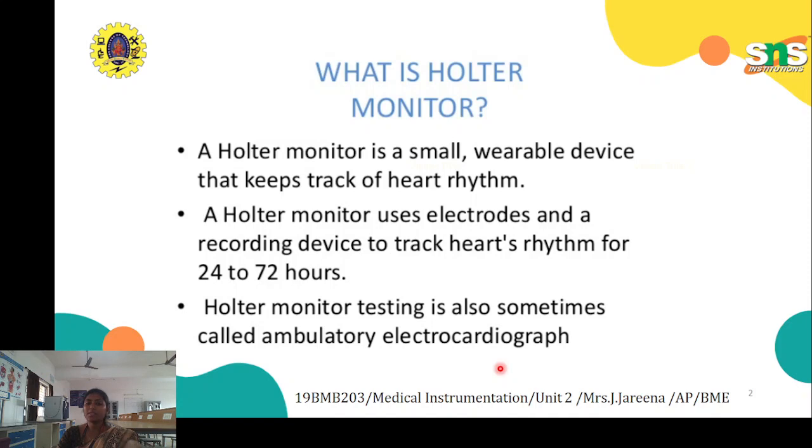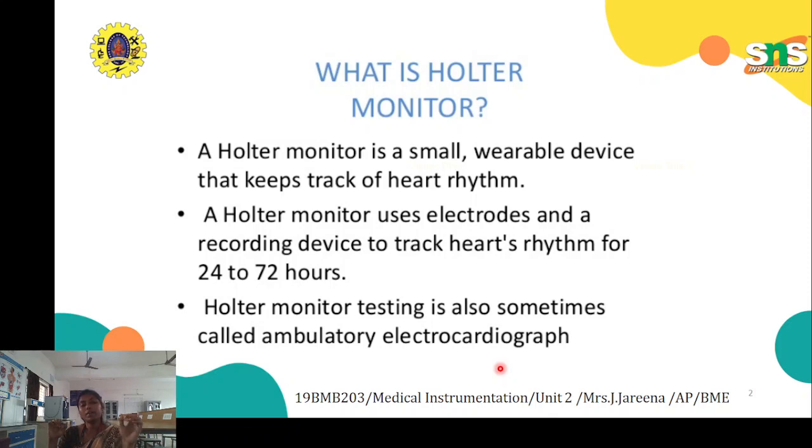Whenever a problem arises, we go for an ECG and check our heart rate. But with the Holter monitor, we keep tracking our heart rate for 1 to 2 days, so that we can easily identify where the problem lies and under what conditions it occurs. This kind of analysis we can do with a Holter monitor.